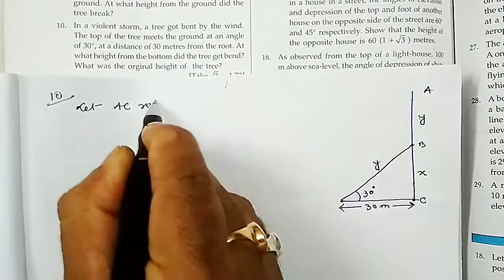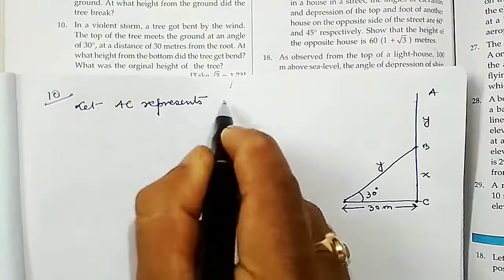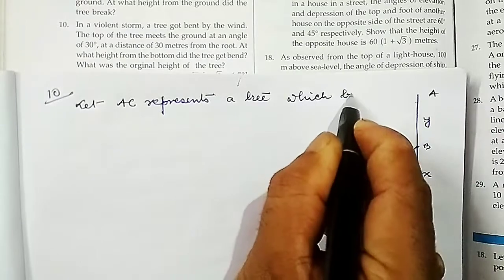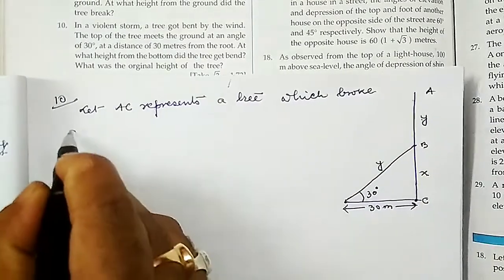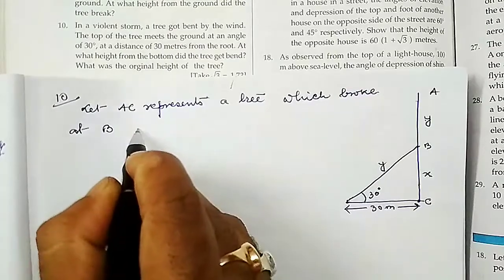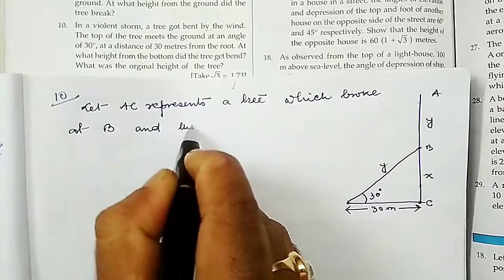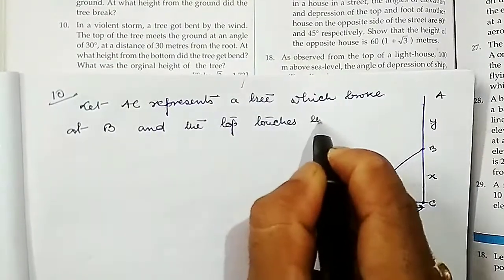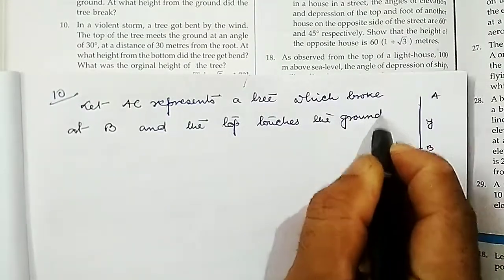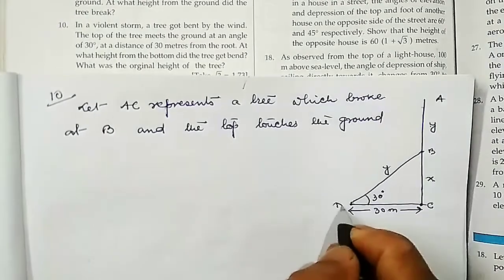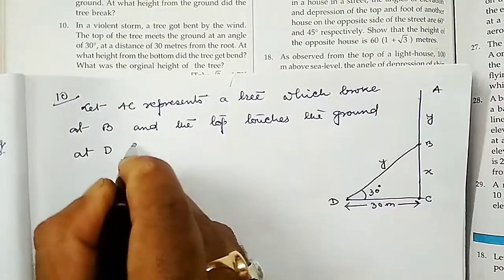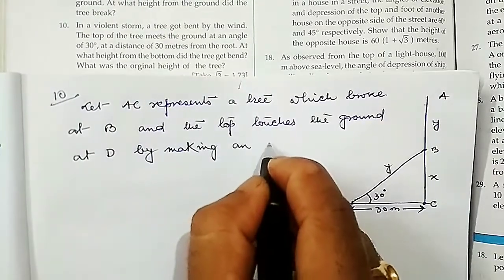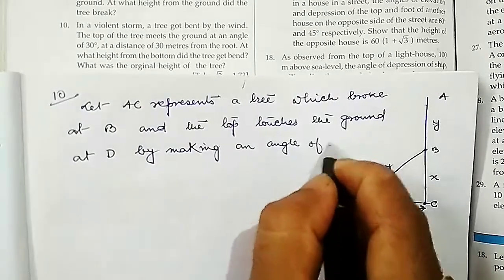Let AC represent a tree which broke at B and the top touches the ground at, suppose ABC, this one is D, at D by making an angle of 30 degree.